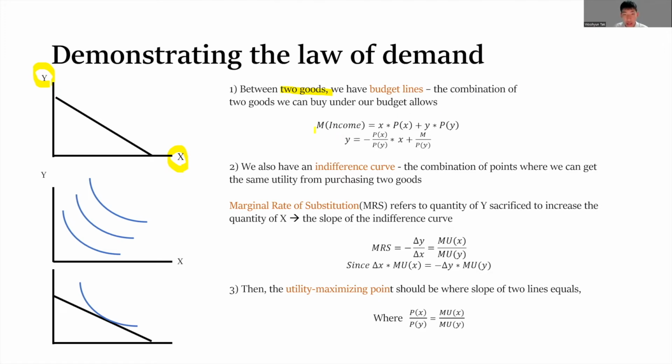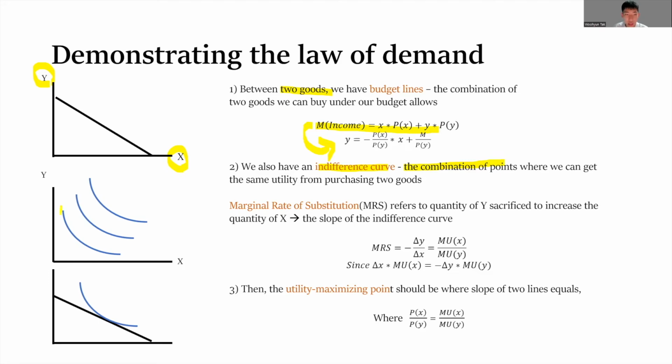So we can make the equation: income equals quantity of X multiplied by price of X plus quantity of Y multiplied by the price of Y. We can reorganize it into this equation. Also, we have to know the concept of the indifference curve, the combination of points where we can get the same utility.